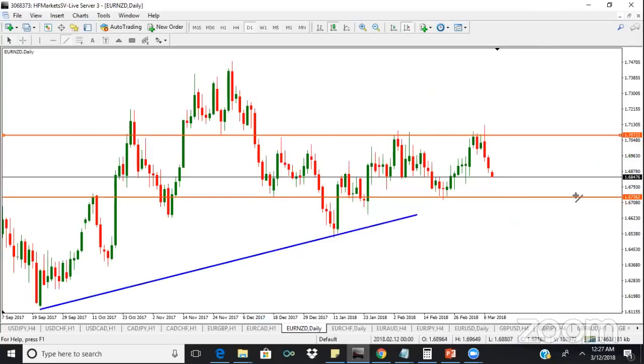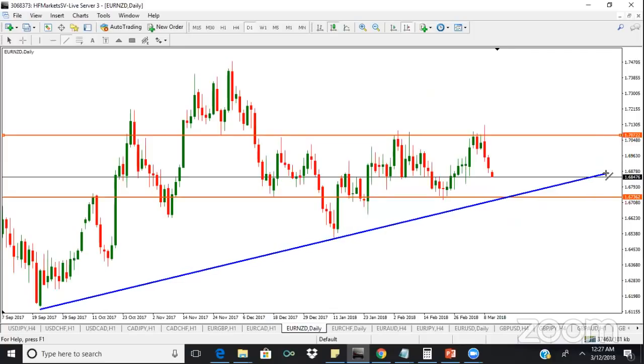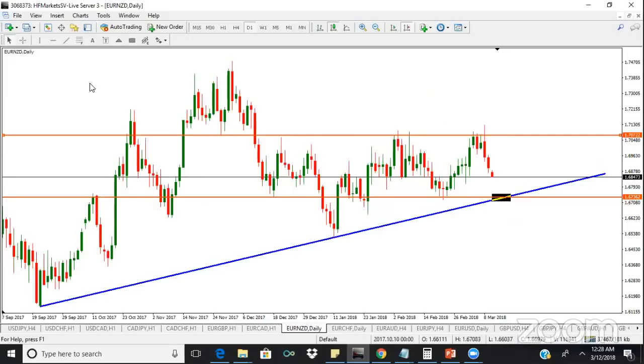Look at from here to here. So until it comes to this zone, that is when I'll put my buy. No zone, no buying. 1.6736, that's where I'm expecting it to get to, and I'm expecting to take 300 pips on this trade.